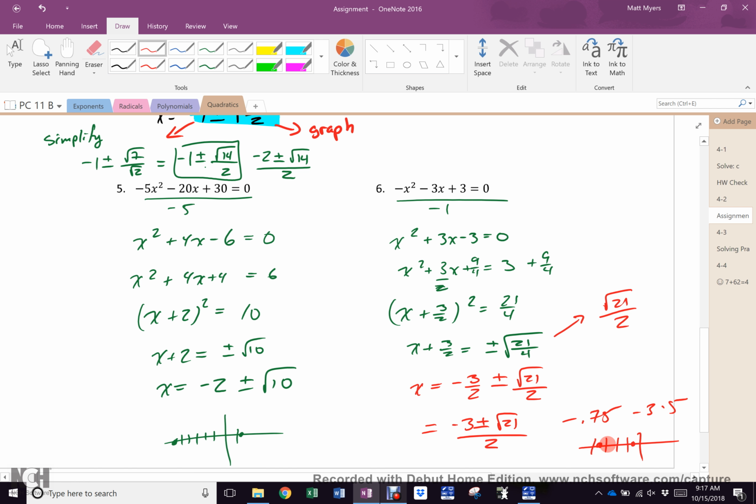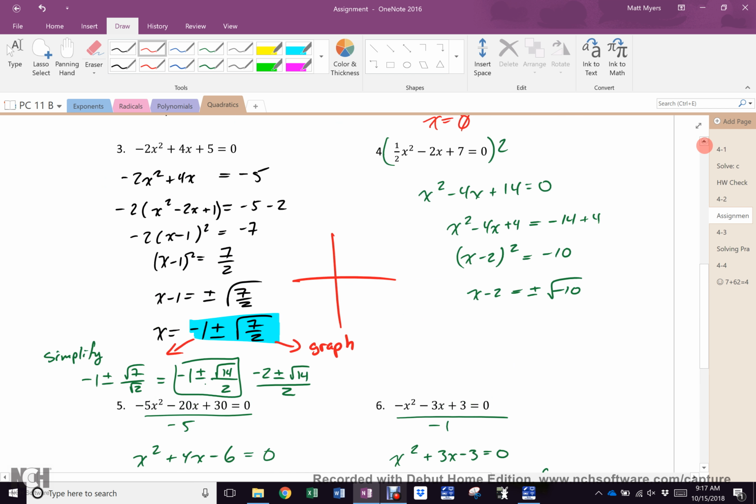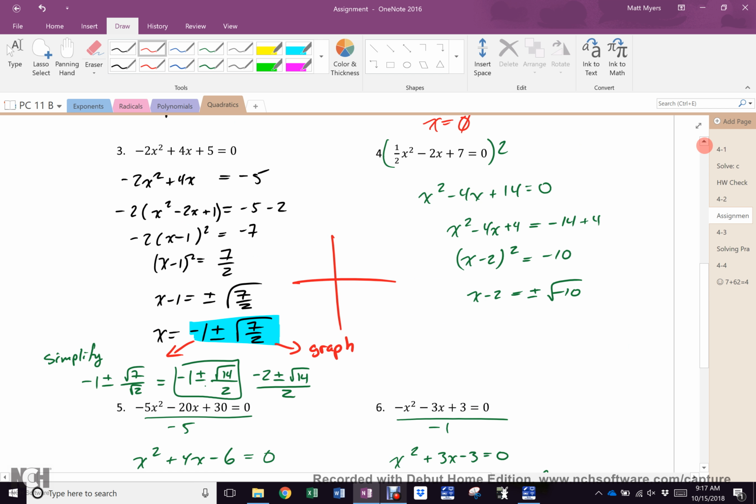Here's number 4 again. Can everybody complete the square? Only answer to this is yes.